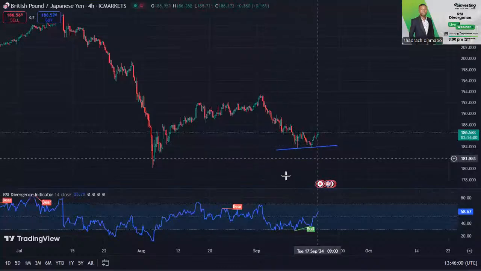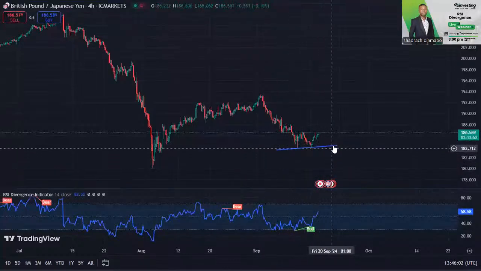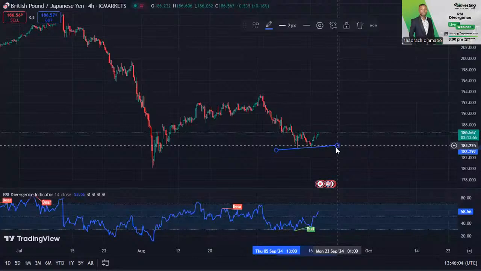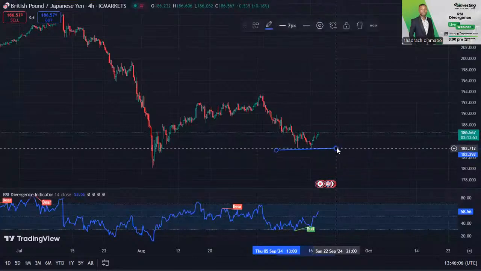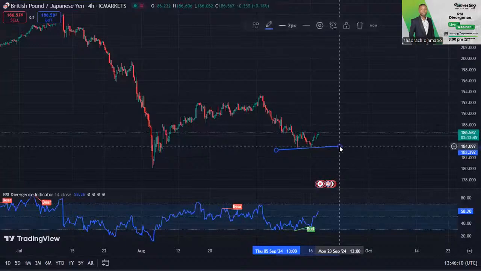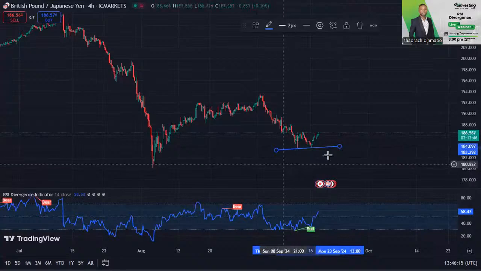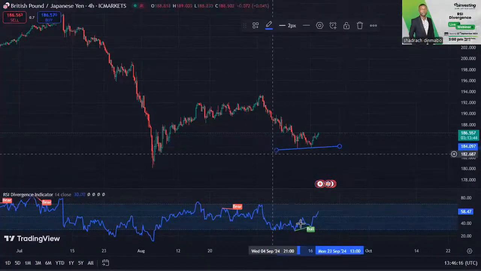But let's look at it very well. Is it making a double equal top or bottom? No. But this would have been a very nice one, guys. I don't like the signal it gave.